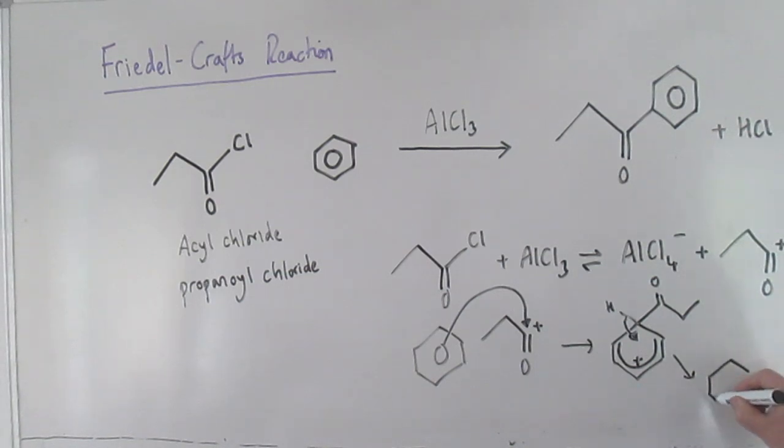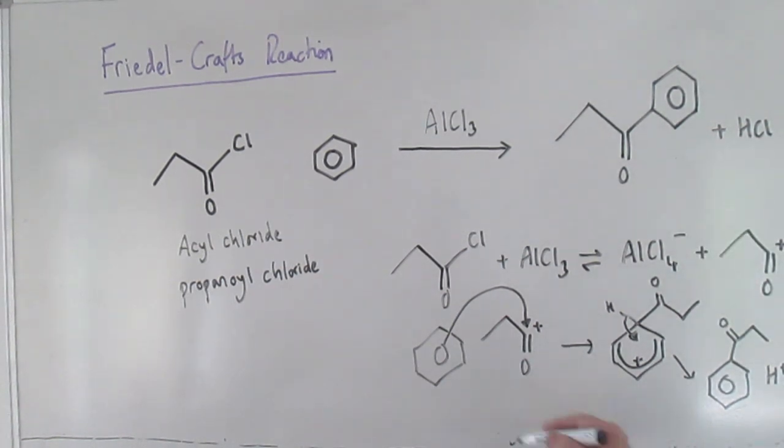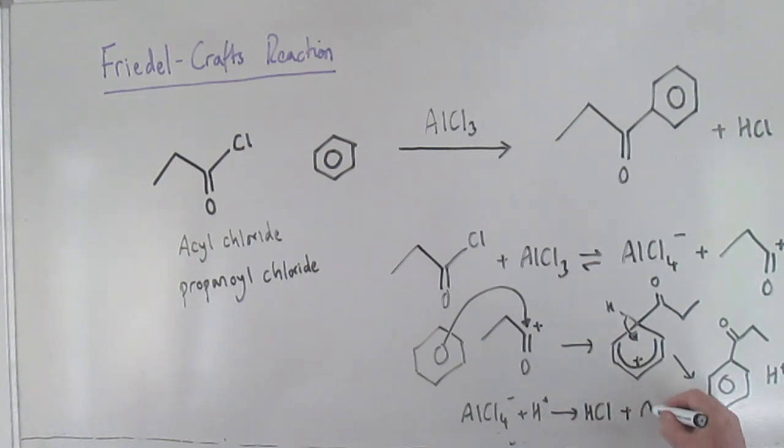So that gives you your organic product, which is that, and H+. And the final step is this H+ reacting with the AlCl4- to give you HCl, which is your other product, and restore your AlCl3 catalyst.